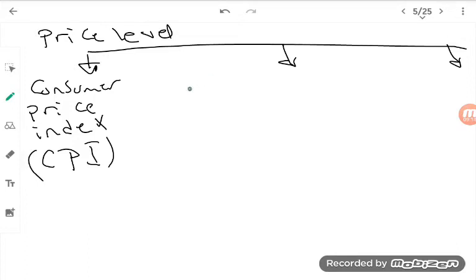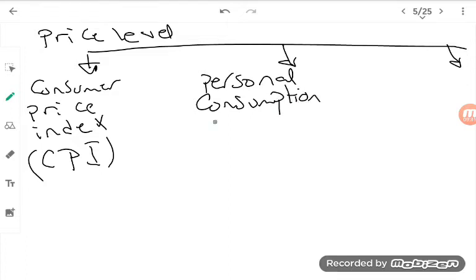Number 2, personal consumption expenditure, later.